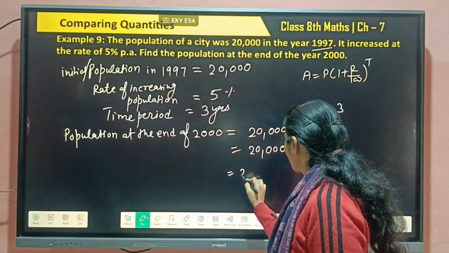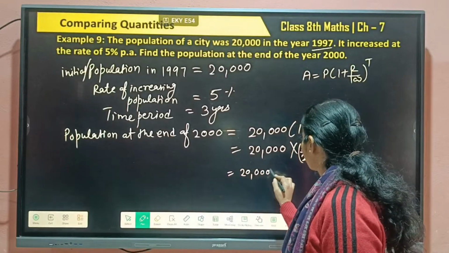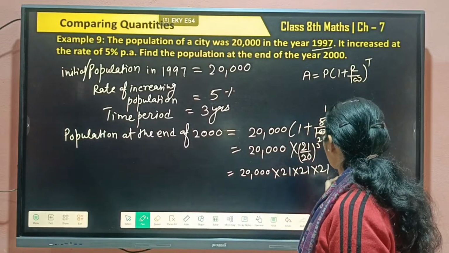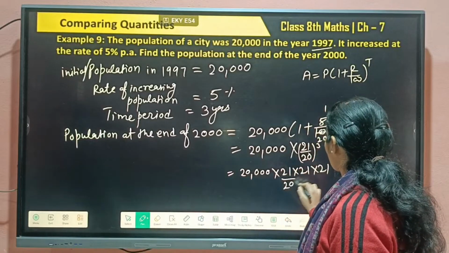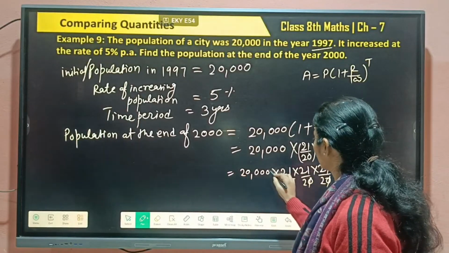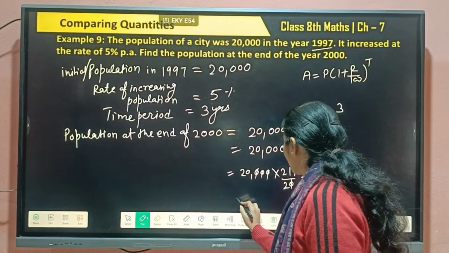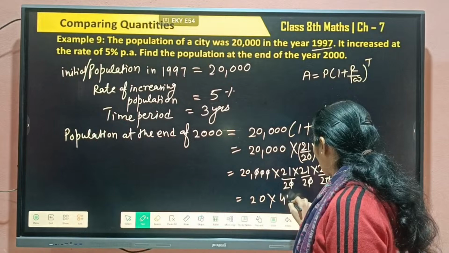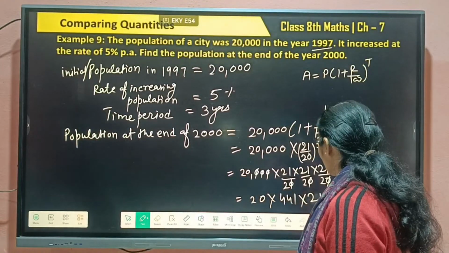Then it will be 20,000 into 21 into 21 into 21 by 20, 20 and 20. These 20s will be cancelled. It is 20 into 21 into 21, 441 into 21.